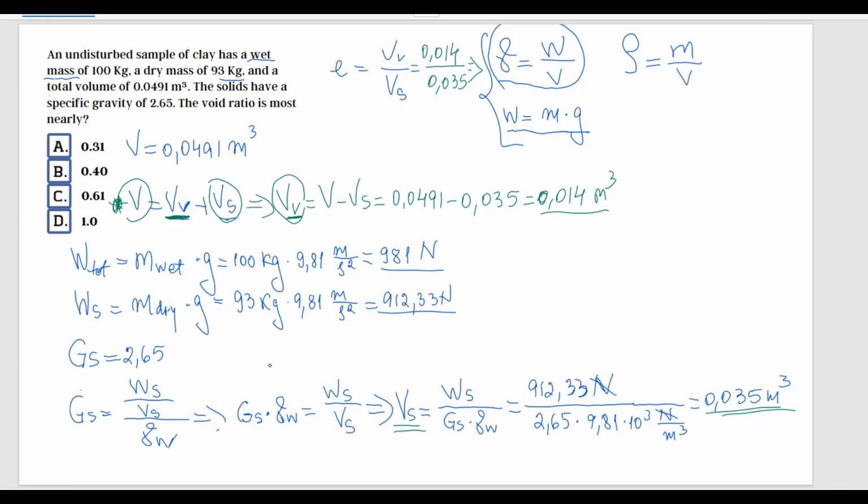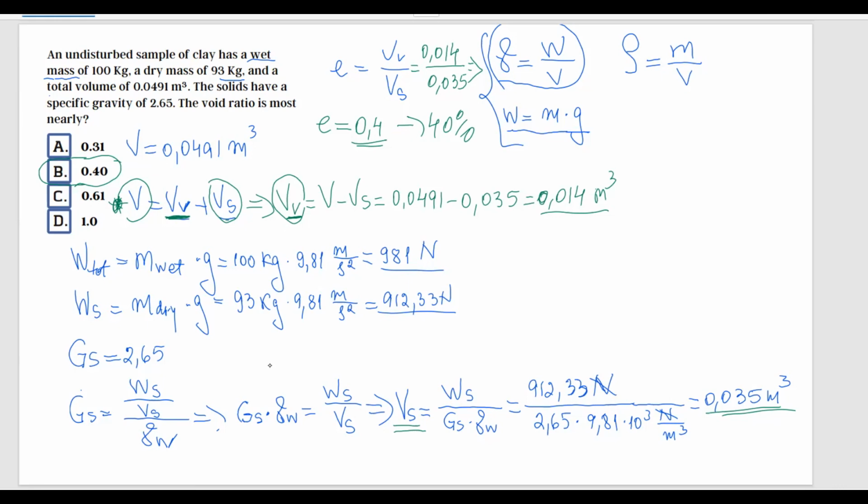And from here, void ratio is equal to 0.4, which is 40%. But the answers are given in this version here. So 0.4, the correct answer is B.